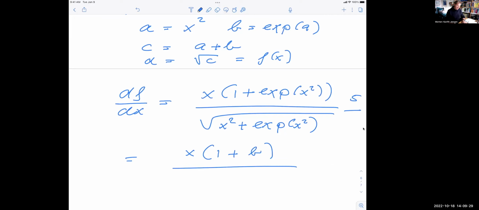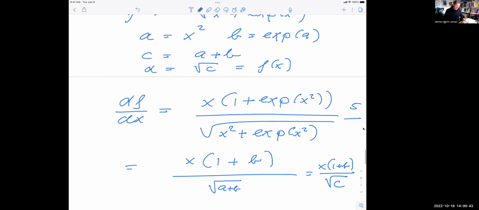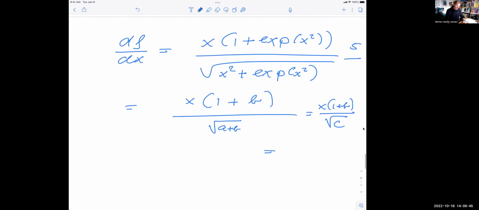And then we have the square root of c, which is a plus b. So this is x times 1 plus b divided by the square root of c, which is simply given by x times 1 plus b divided by d. So d has already been pre-calculated, b has been pre-calculated.